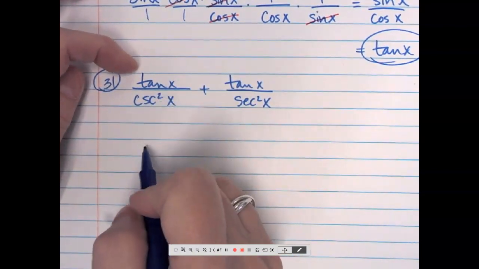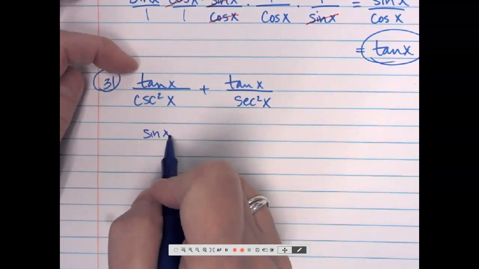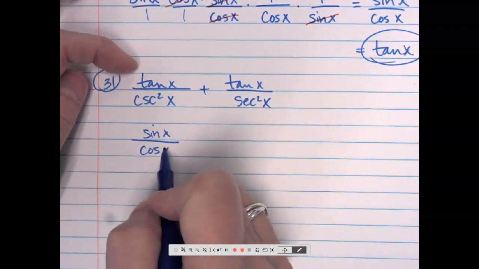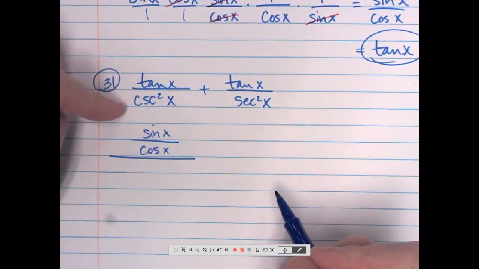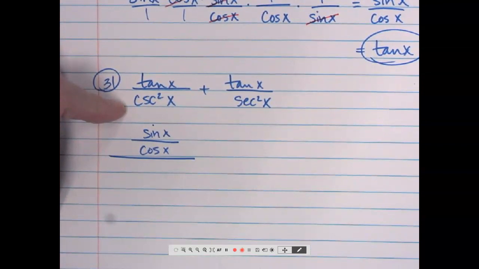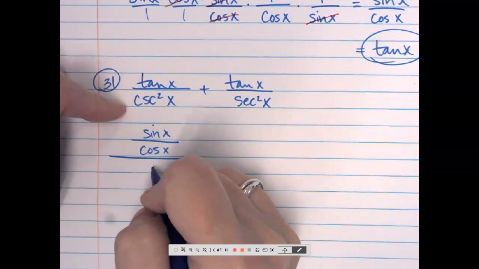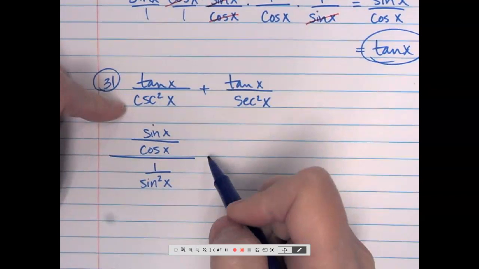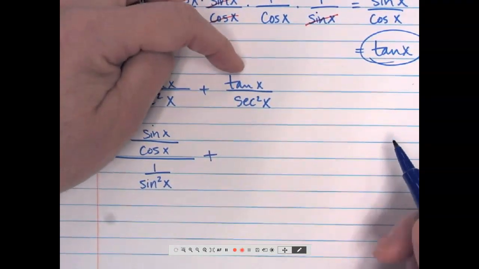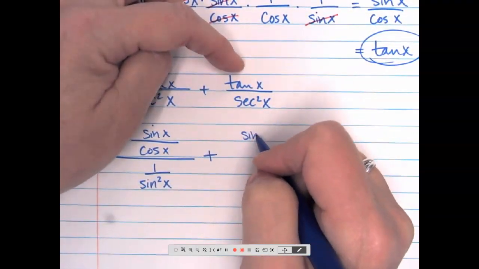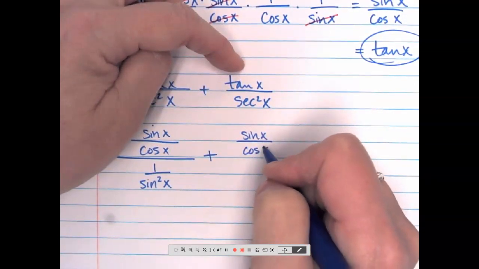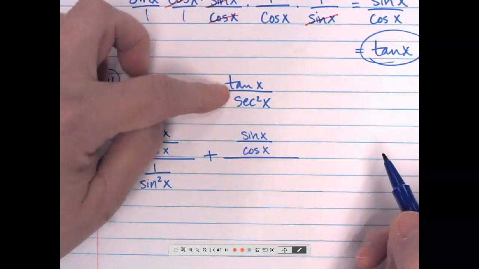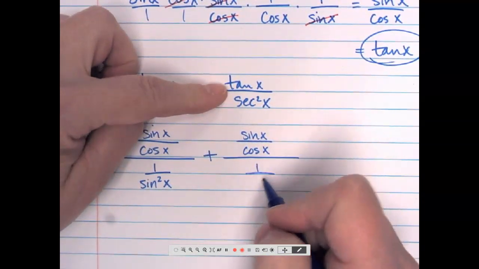So I'm going to change tangent to sine over cosine, over, what can I change cosecant squared to? 1 over sine squared. Okay, plus tangent, again, sine over cosine, over, and this would become 1 over cosine squared.